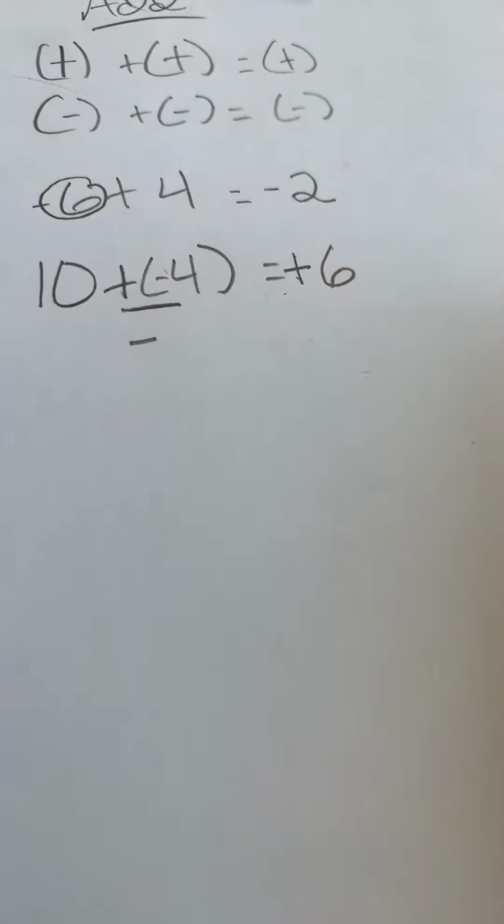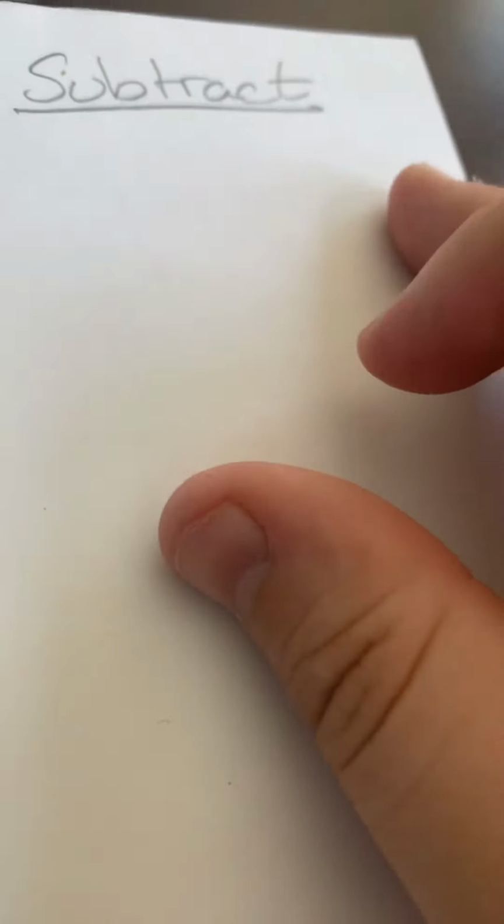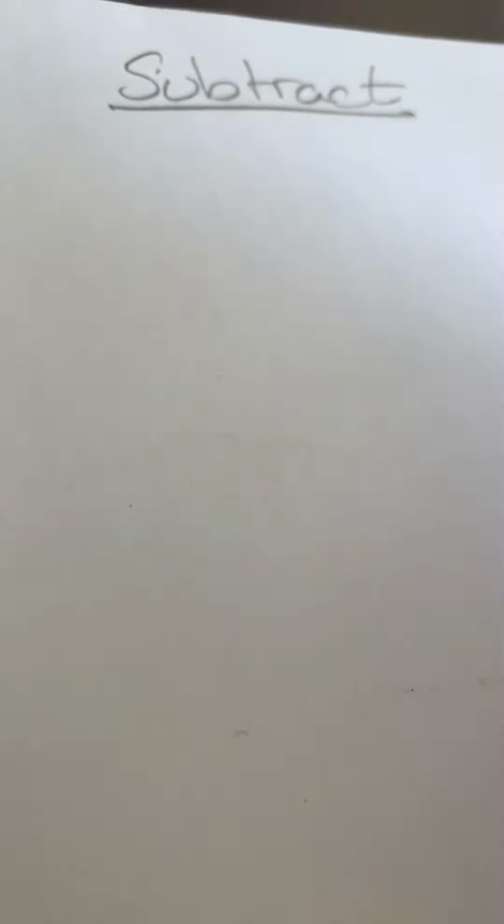All right, the next one we need to look at is subtracting. If I have two integers that I'm going to subtract, I'm going to use the keep, change rule.